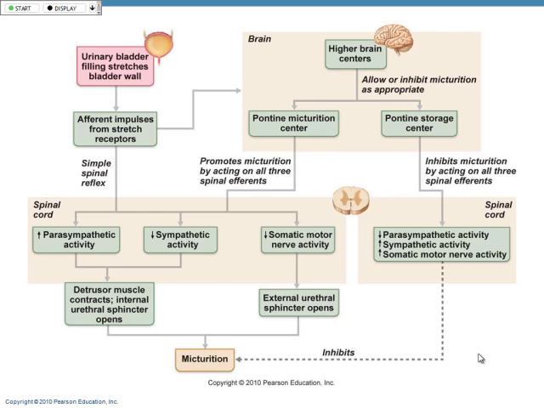Somatic motor nerve activity. So higher brain centers are going to help stop micturition. Could you have control over that too? Girls, when you get that urge, what do you do? You hold it, yes? So you have the ability to control that, because what kind of muscle is that sphincter muscle?